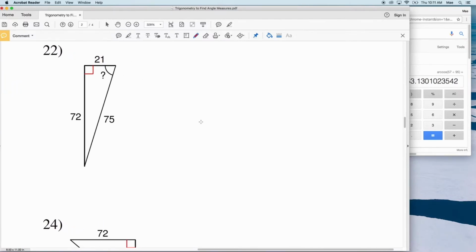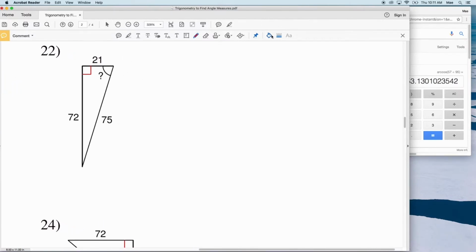For number 22, we're given all three sides again. We're solving for this angle. Let's go ahead and call this angle B. Since we didn't use sine in the previous, let's use it now. So the sine of B is going to be equal to the opposite, which is 72, over the hypotenuse, which is 75.